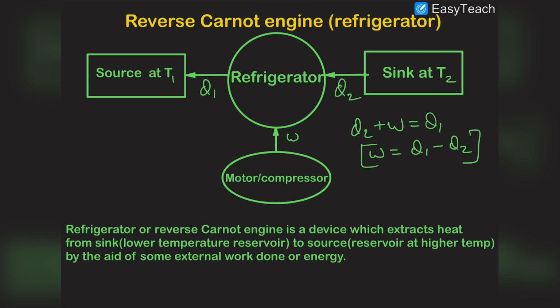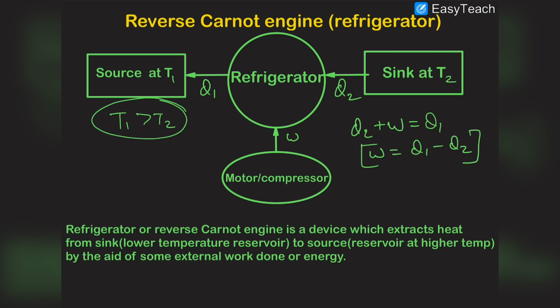So we are not referring to the reservoirs as source and sink due to the fact that they are giving the heat or they are absorbing the heat. In fact, we are referring to them as source and sink due to the fact that the sink is the reservoir which is at lower temperature, and the source is the reservoir which is at higher temperature. So again T1 will be greater than T2, but the heat is flowing in the reverse direction.